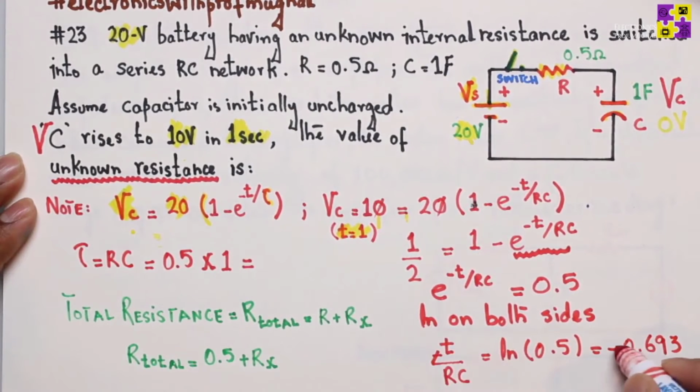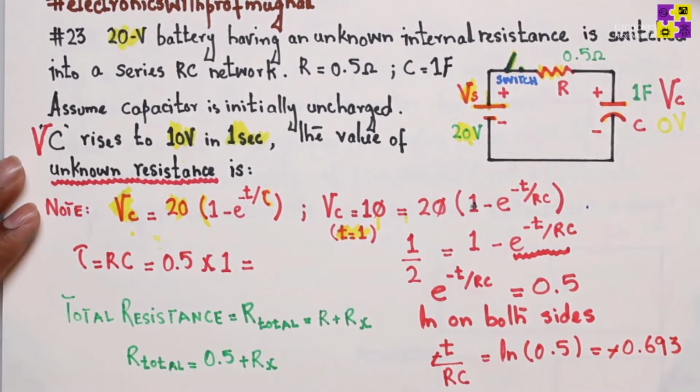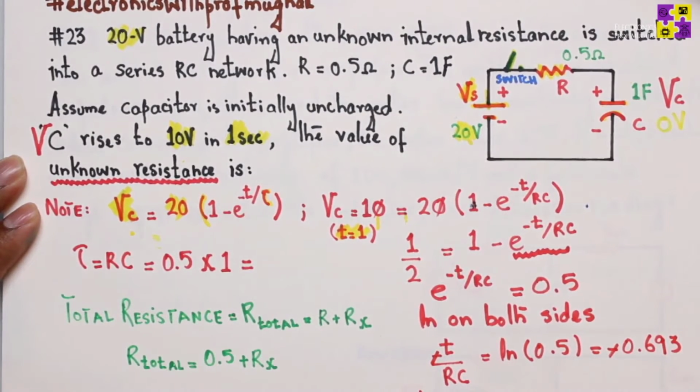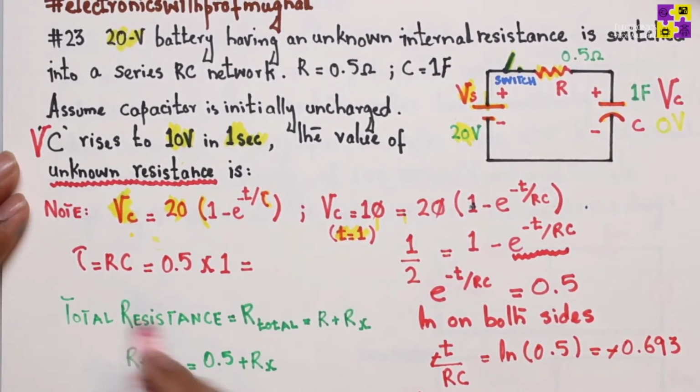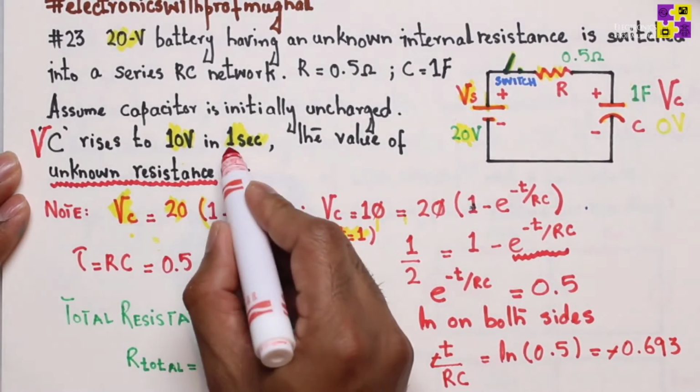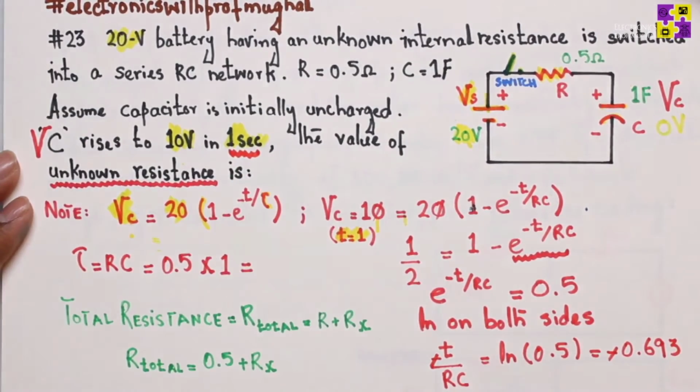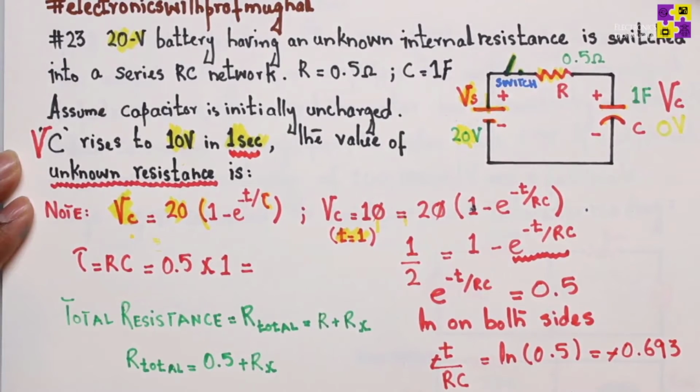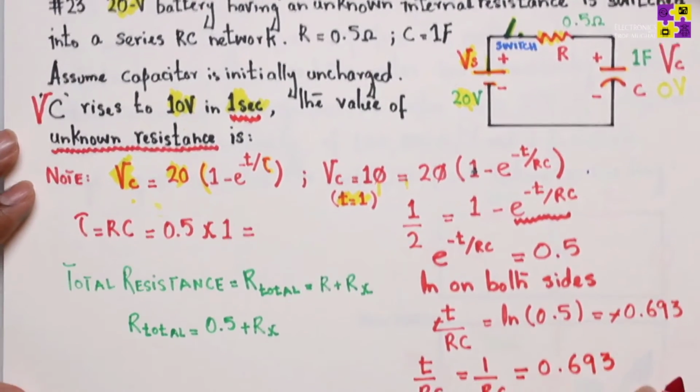This negative and this negative will cancel out. Hence, I can rewrite this equation as t over RC, and t is actually 1 second. So I can rewrite it as 1 over RC equals 0.693.